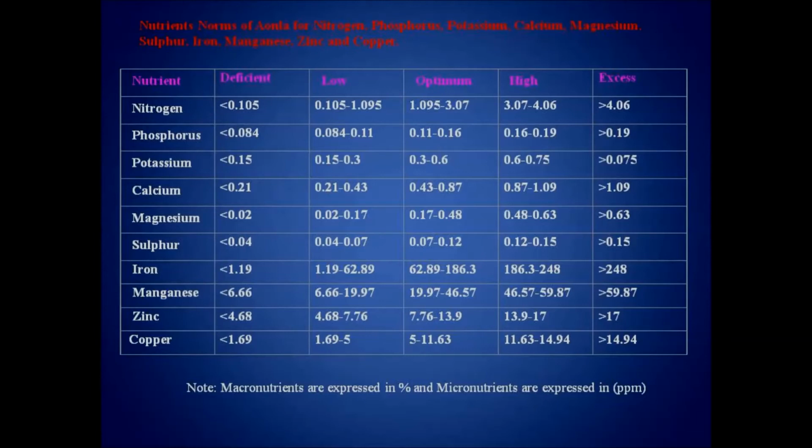On the left side, the low population is less than mean minus 4/3 SD, and deficient is less than mean minus 8/3 SD. These are the classifications based on standard deviation.